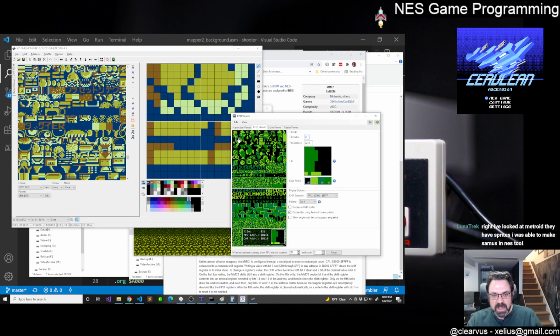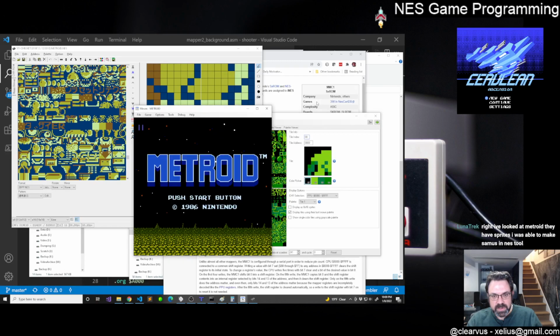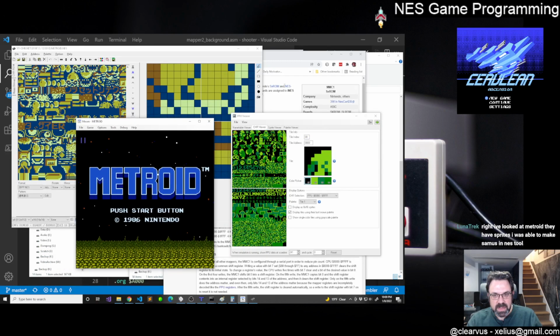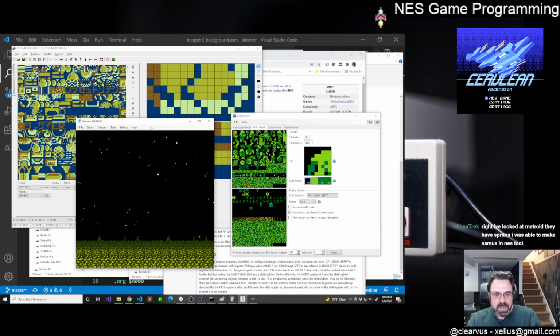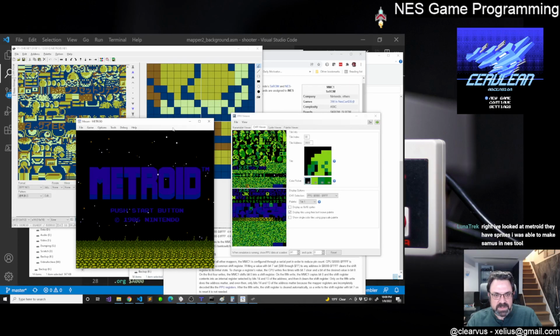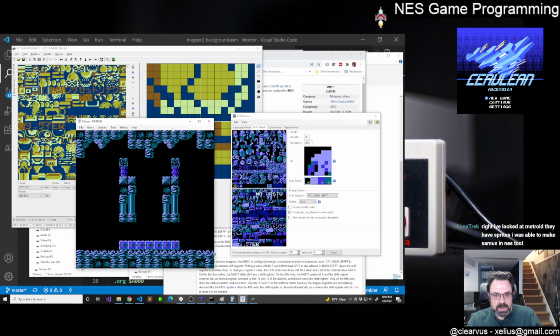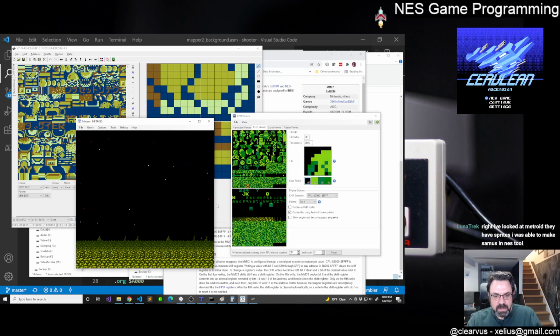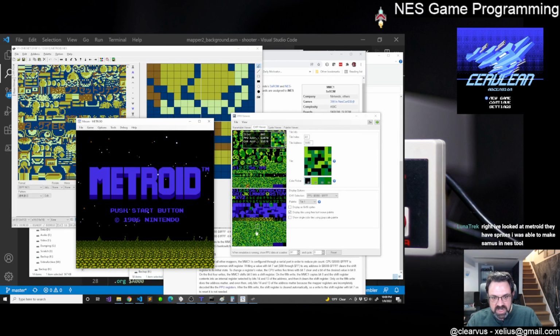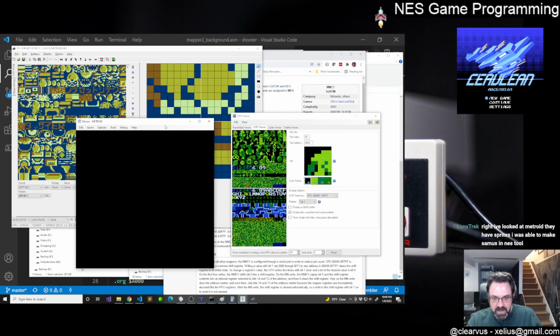Yeah, so I'm guessing that what they're doing is with the mapper, they're messing with the PPU banks that are loaded as they need to. Oh yeah, so you can see this changed when we started the game, right? So that means they're using 4K banking.